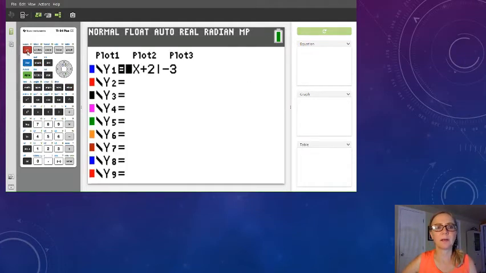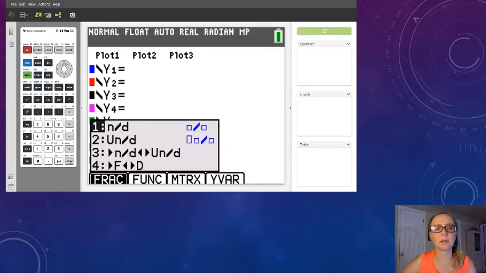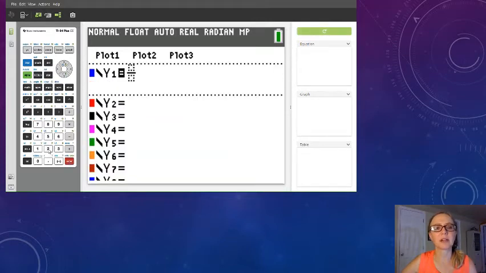All right, we're going to clear out this first function and type in another one. I believe this is the one where I used fractions. I make a few mistakes here, but I'm going to hit alpha and then y equals. I'm going to choose number 1, and it creates that fraction structure. 2/3 times x minus alpha y equals.